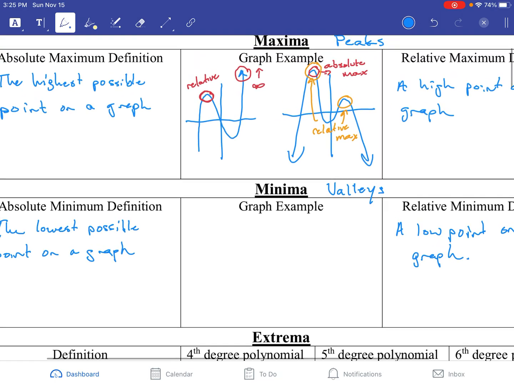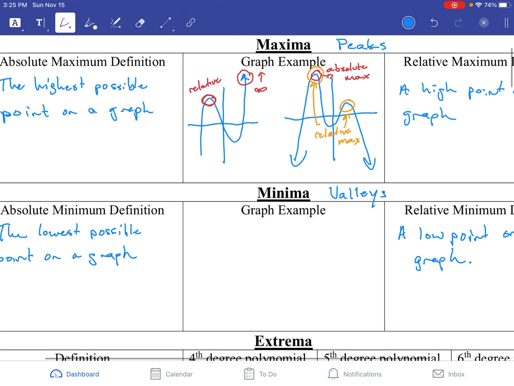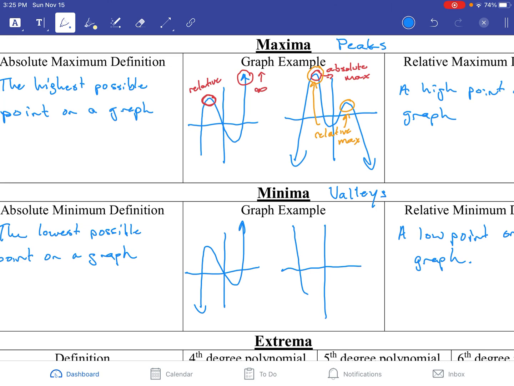So let's do a little bit of the same thing that we just did. Hold on. So we have our graph and our second graph. This time we're going to do it a little bit different. Okay.